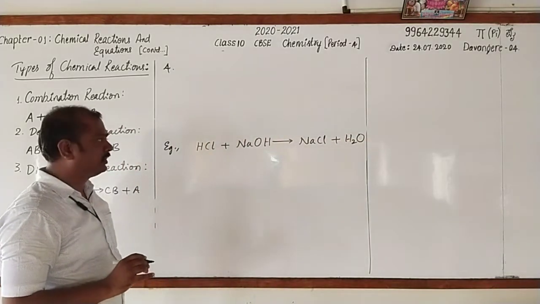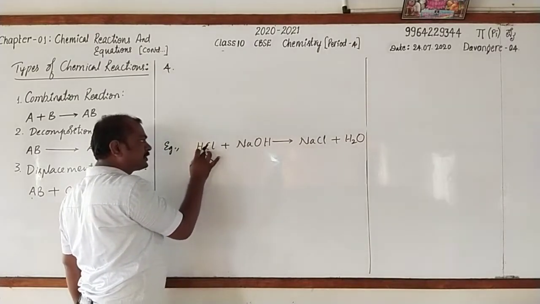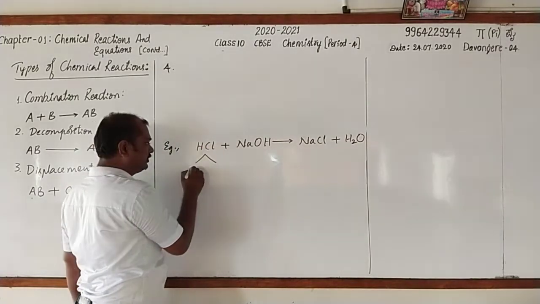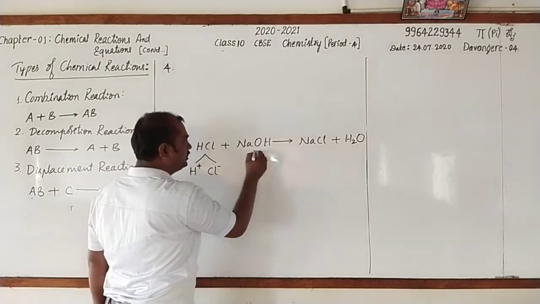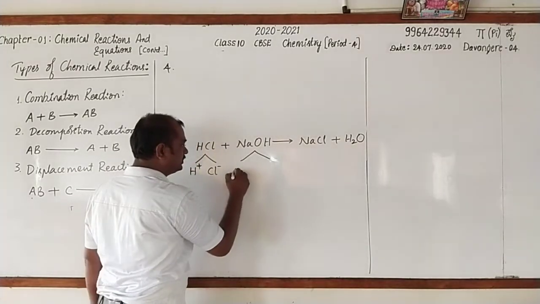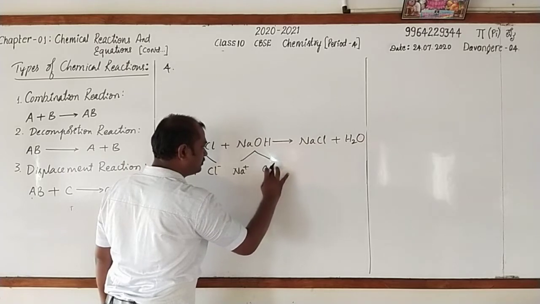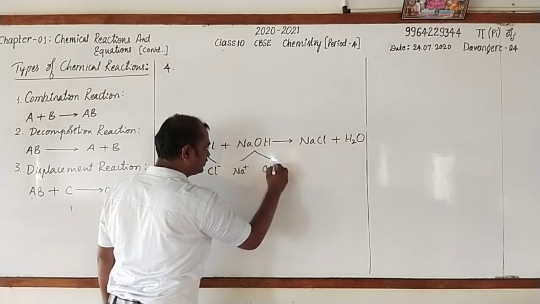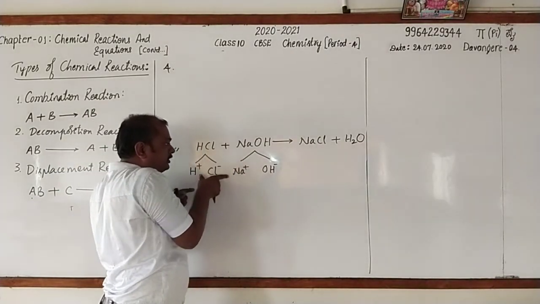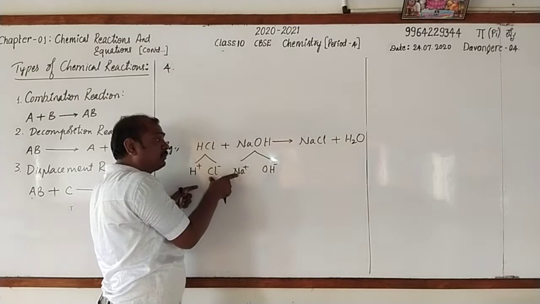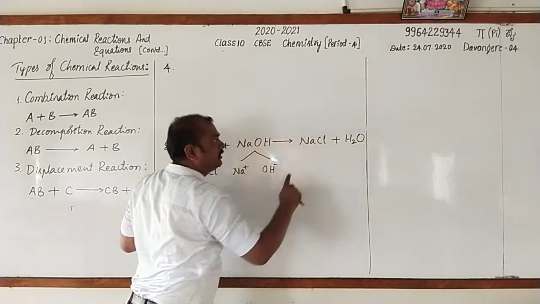Is it not? Observe here. Could you tell what are the ions present in hydrogen chloride? Yes, you are right. It is H plus and Cl minus. Then sodium hydroxide, it is Na plus and OH minus. Observe, these ions in the reaction, what will happen? They have together formed sodium chloride and H2O.